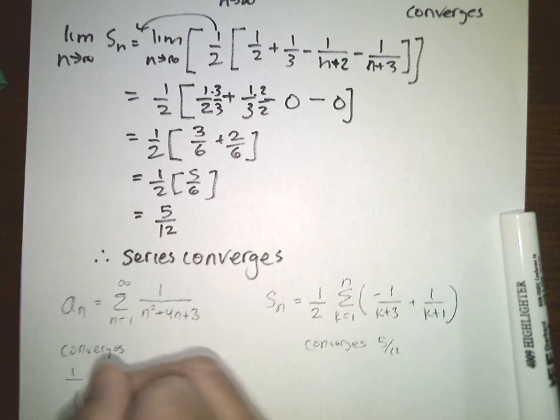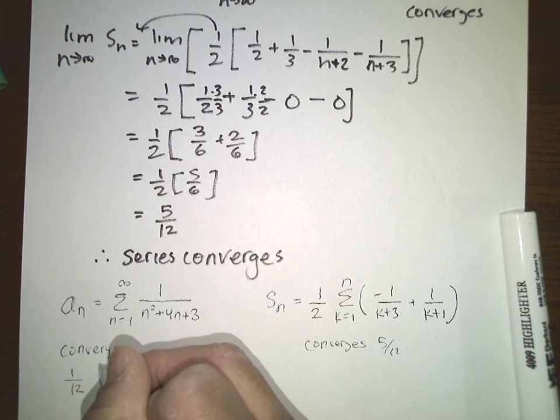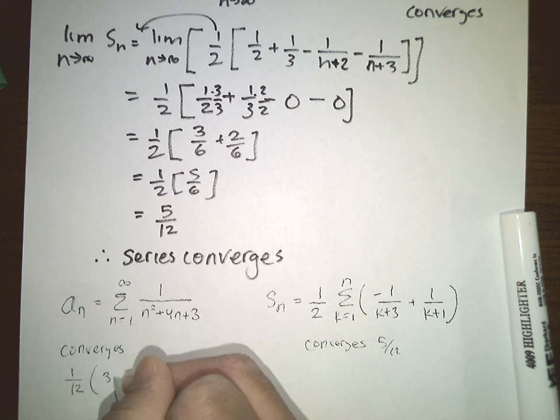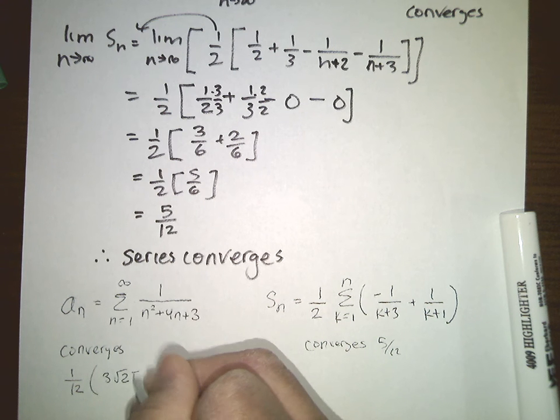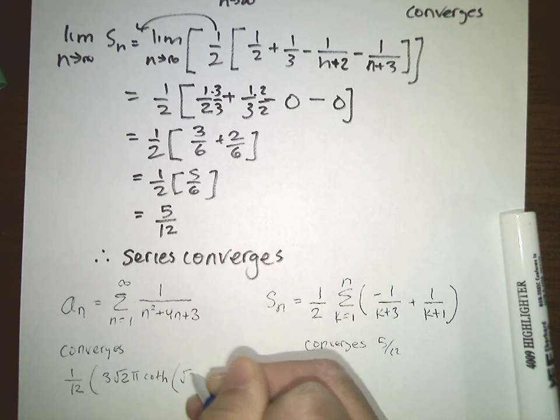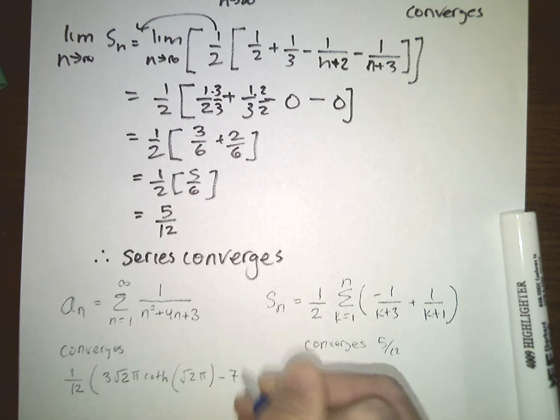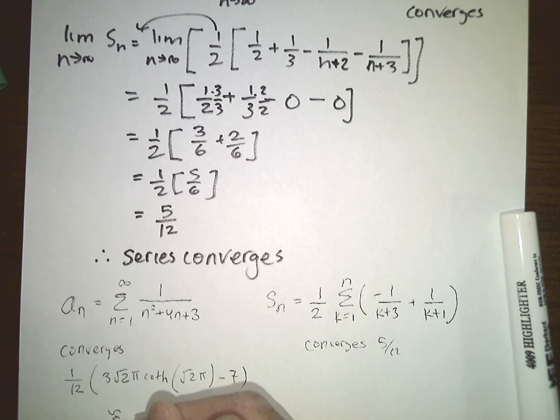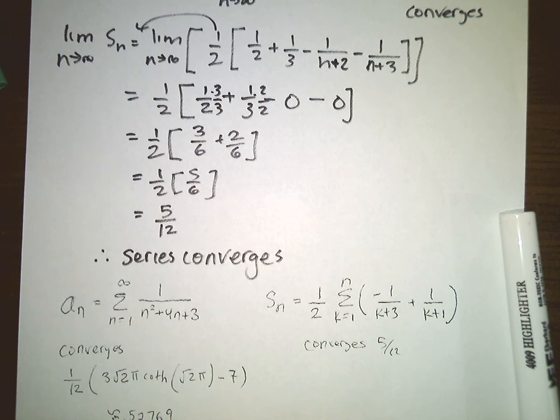I just looked it up. It's 1/12 times (3 minus square root of 2 times pi times hyperbolic cotangent of square root of 2 pi minus 7). So that's about 0.52769. Do you see why we wouldn't want to find that value?